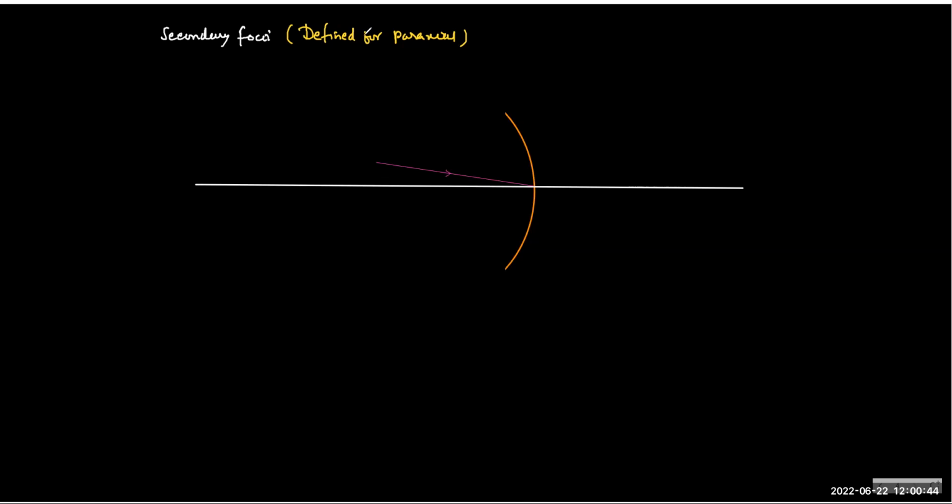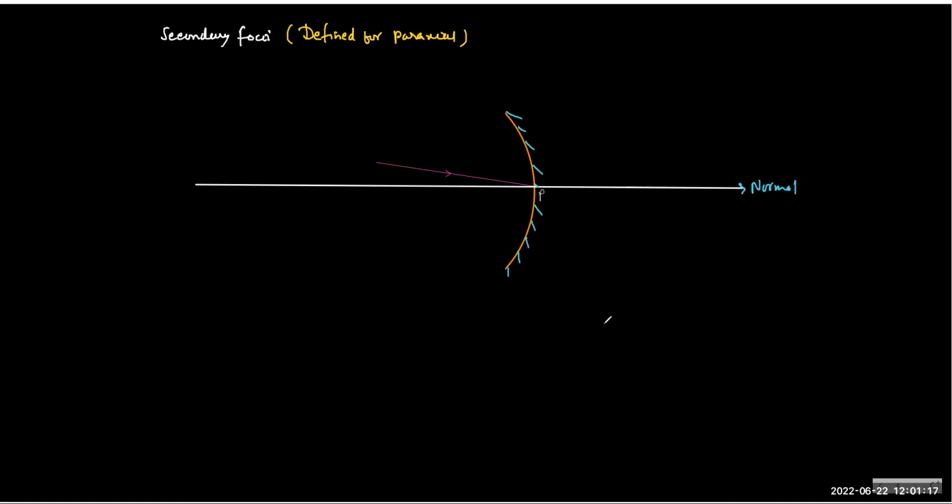So if a beam is hitting the mirror at the pole P, the principal axis itself is the normal, isn't it? I hope you understand this part.